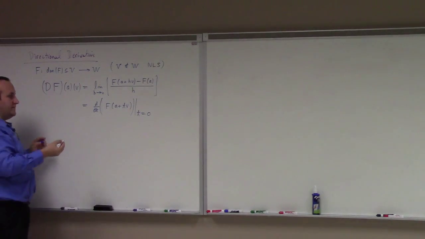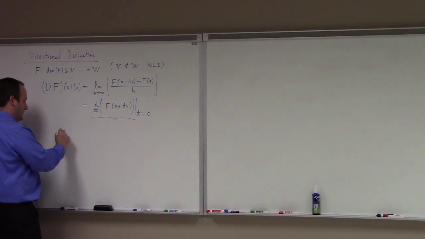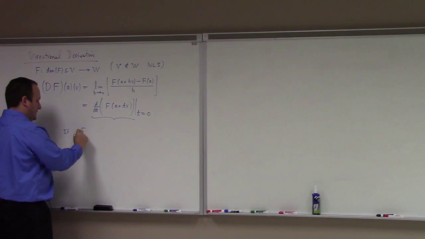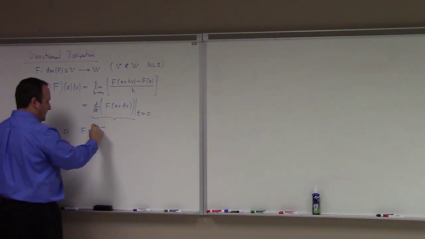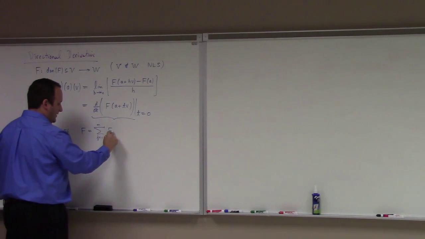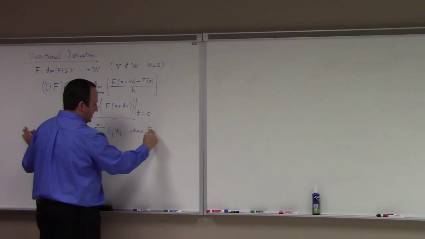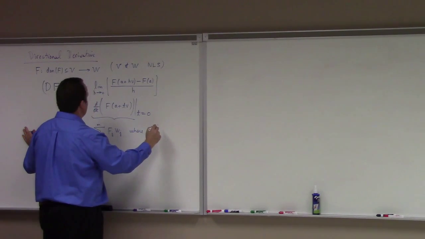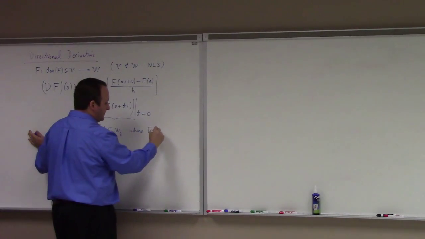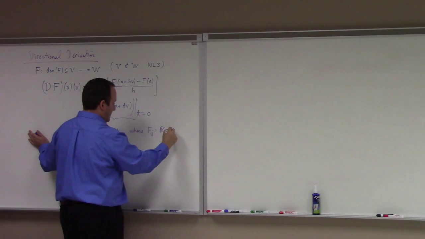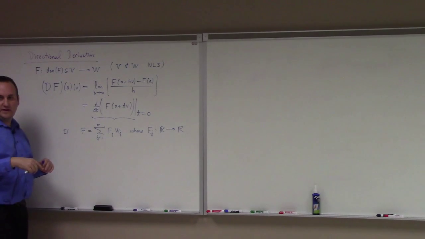So let me give you a definition for this derivative. Here what we mean is that if f is equal to, let's say, the sum j equals 1 to m of f sub j w sub j, where f sub j are mappings, for the moment from R to R. So these are actually just real functions, all right?